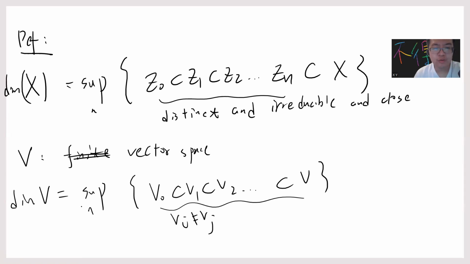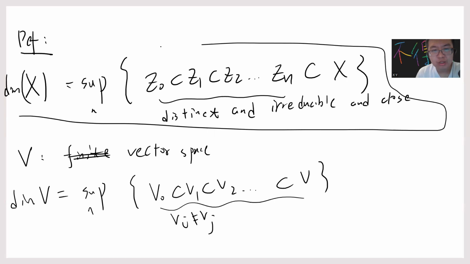And one can show that for a finite dimensional space, you start with one vector, go to two vectors, three vectors, whatever, right? Since they must be independent, this is the same as the usual definition. So this is why in a topological space one can define it this way.